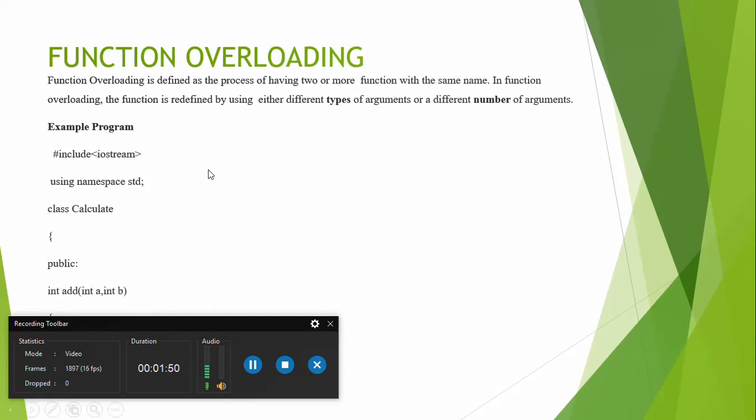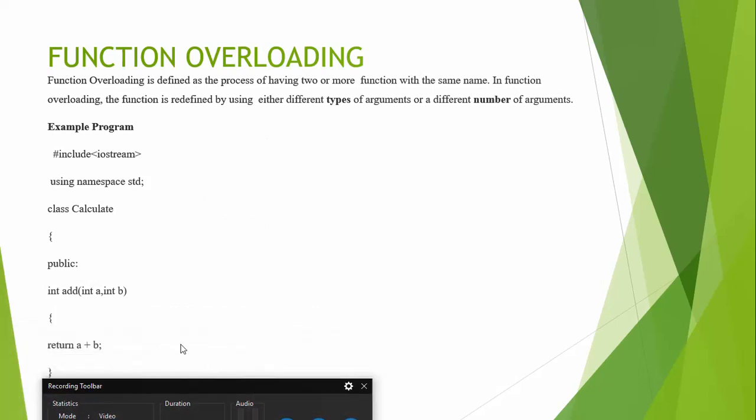Here is an example to show how function overloading will work. In this example, we have a calculate class with an addition function. It has two integer parameters, and the summation of these two values will be returned.